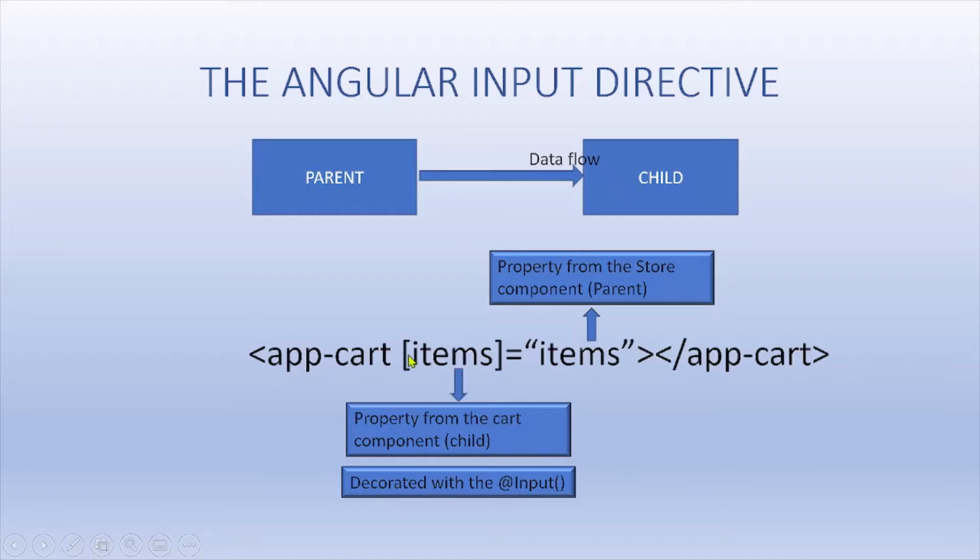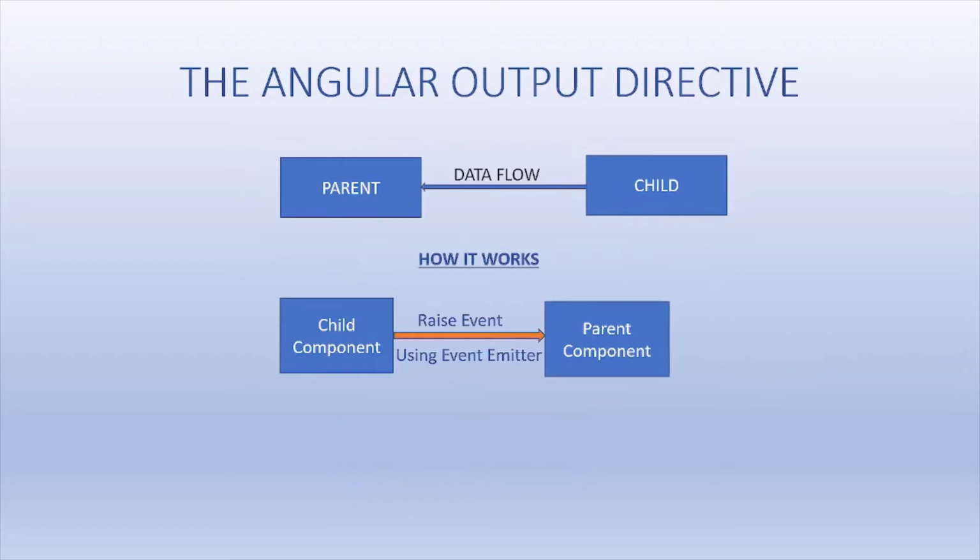The box brackets are what is referred to as input binding. Now, what if we wanted data to flow in the opposite direction, from child to parent? In that case, we would have to make use of Angular's Output Directive.